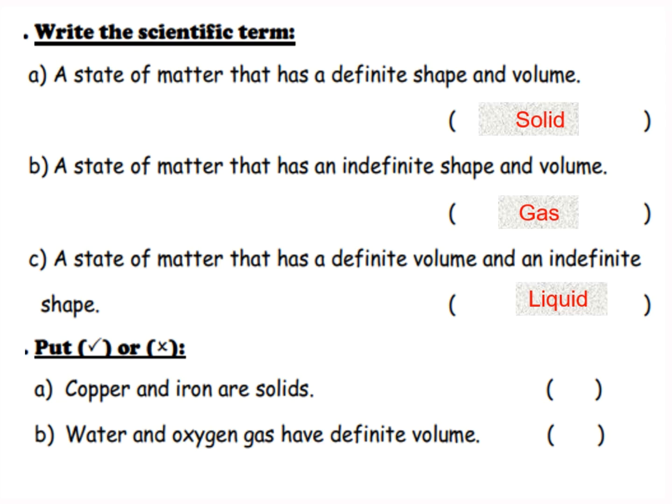The answer is true. Number 2, water and oxygen gas have definite volume. So, water and oxygen gas, both of them have definite volume? Of course, no. The answer is false because only water has definite volume while gas has indefinite volume.